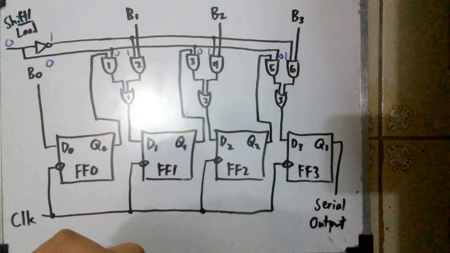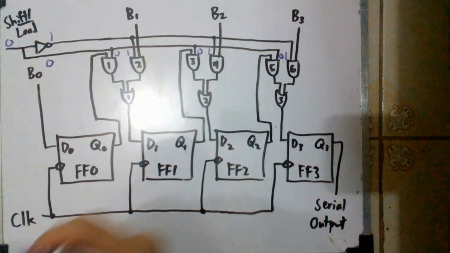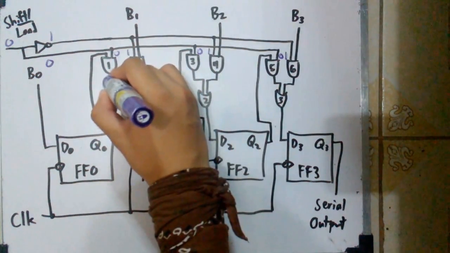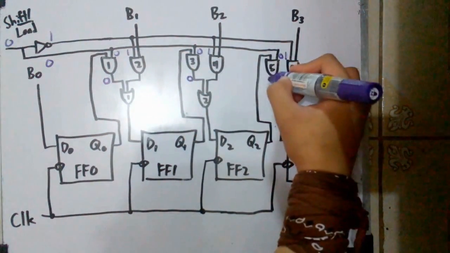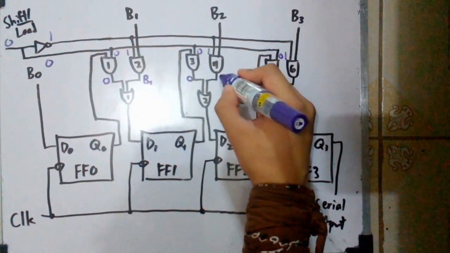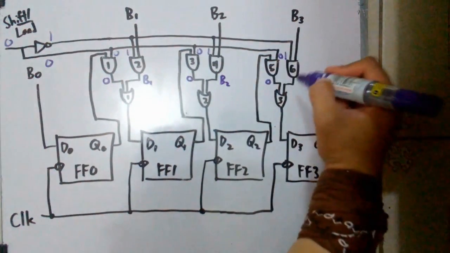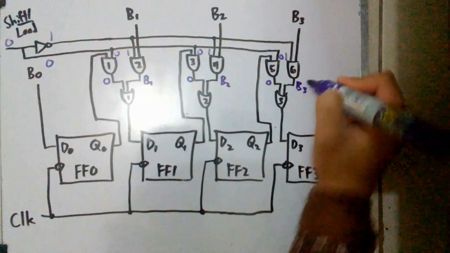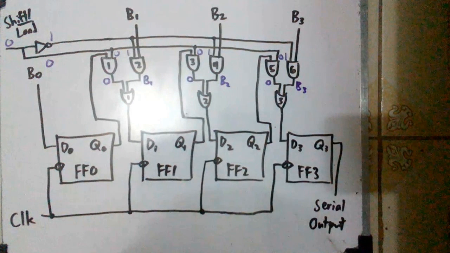The other inputs for AND gate numbers 1, 3, and 5 will be the values of Q0, Q1, and Q2 respectively. This will make the outputs of AND gate numbers 1, 3, and 5 to be 0. The other inputs for AND gate numbers 2, 4, and 6 will be the values of B1, B2, and B3 respectively. This will make the outputs of AND gate numbers 2, 4, and 6 to be the values of B1, B2, and B3 respectively.